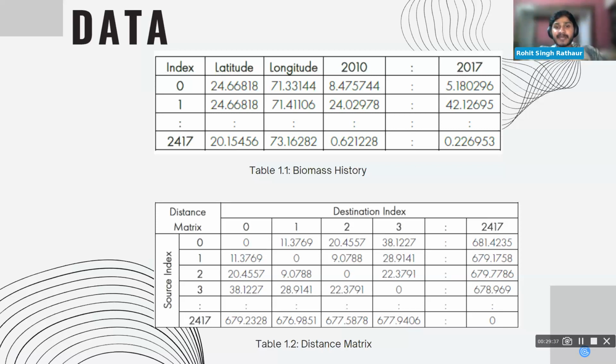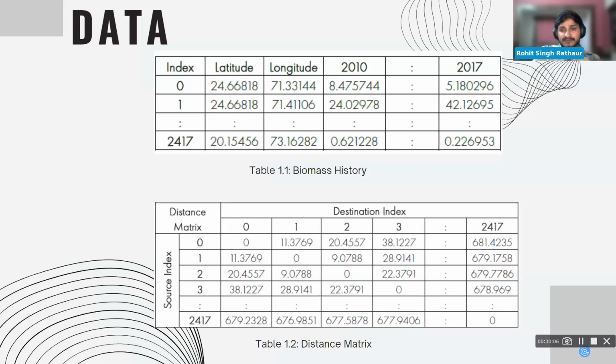It was a very huge, very high-dimensional matrix, and that's why finding the optimal location may be computationally very expensive. So accordingly, we will have to decide about our methods.